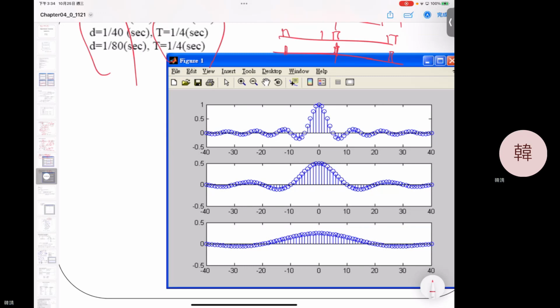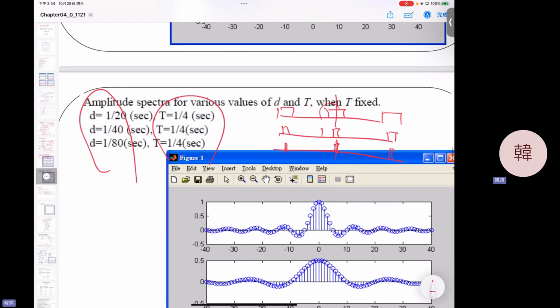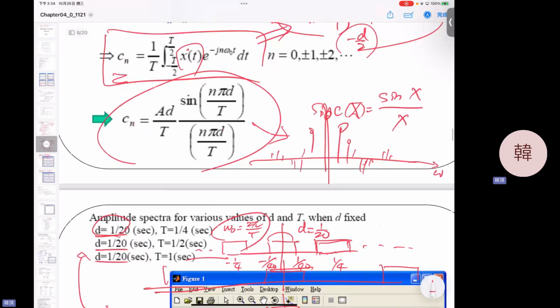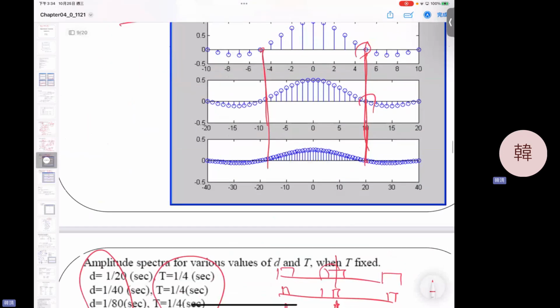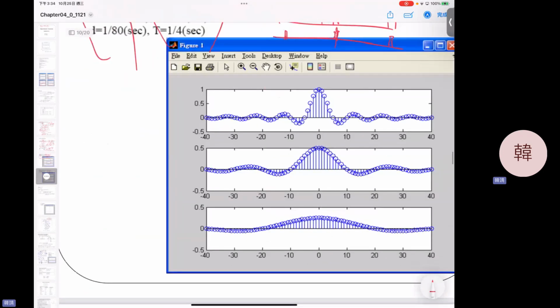But when this small d is smaller, its n will become larger. It happens in different locations. So as you know, if you have a thinner width in time domain, you will have a wider spectrum in frequency domain.